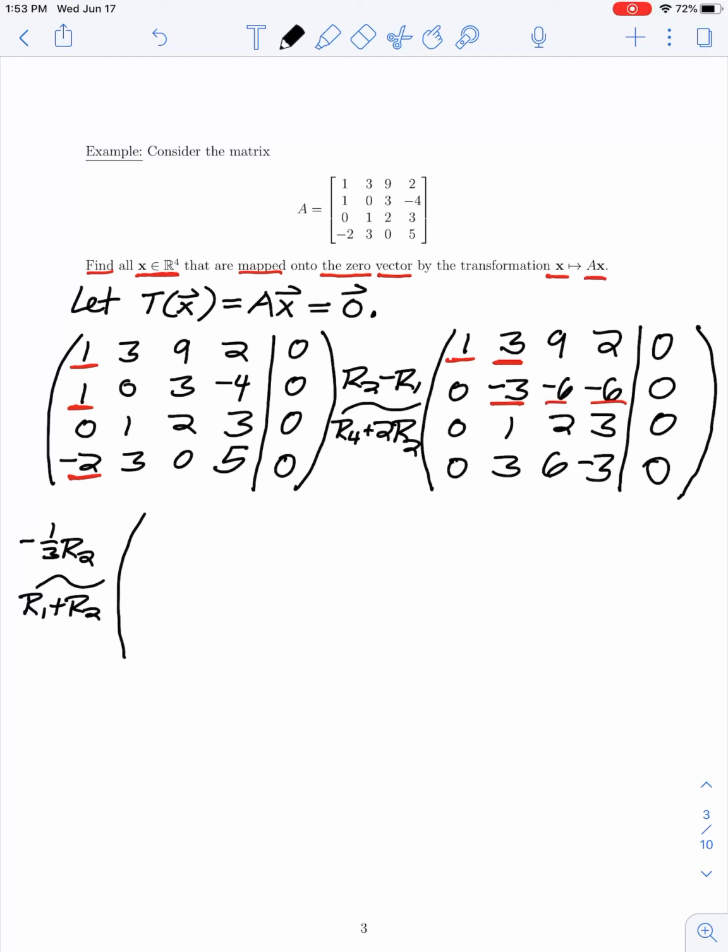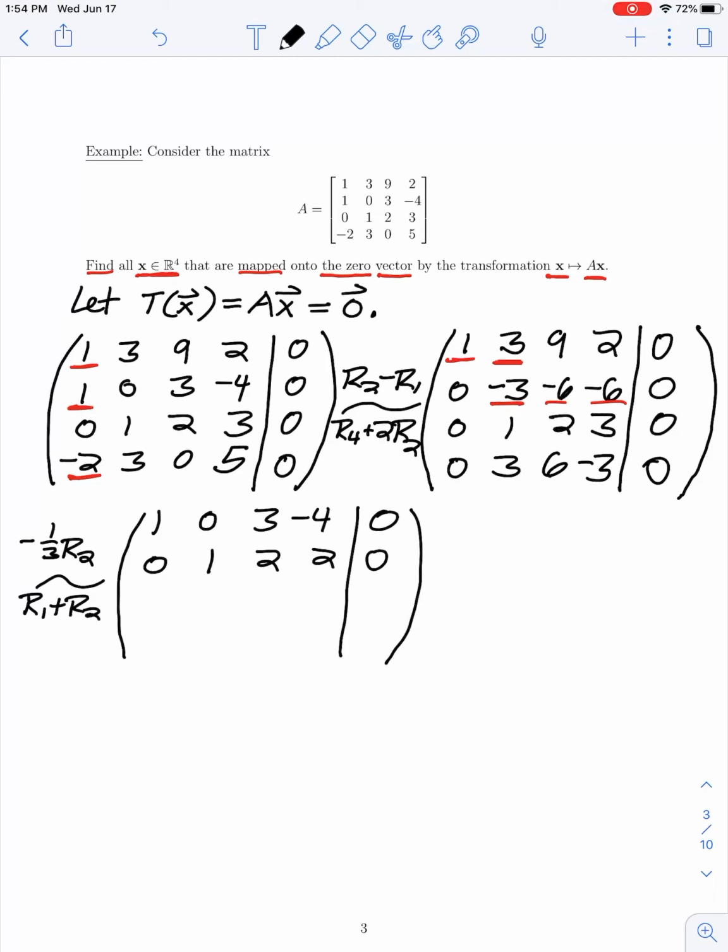So first, by dividing my second row through by negative 3, our second row becomes 0, 1, 2, 2, 0. And when I add my second row to the first, my first row becomes 1, 0, 3, negative 4, 0.